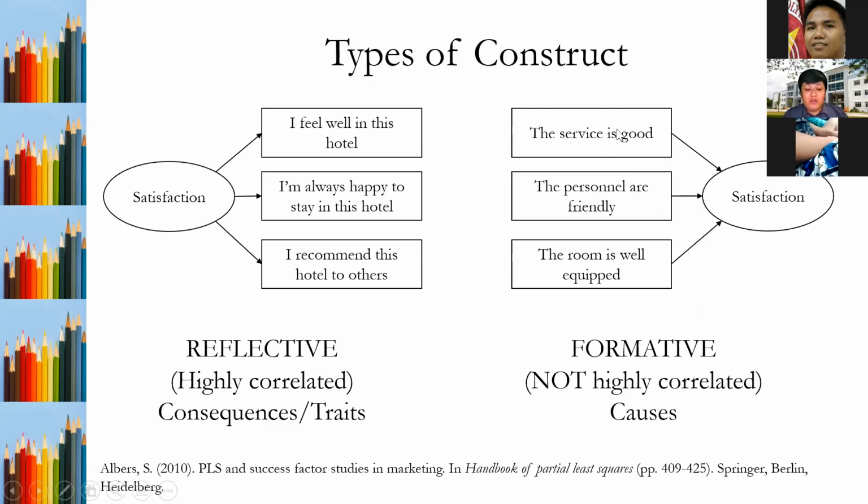For example, you will be removing the first item. It is all about service. If you will be removing this one, then you are only measuring satisfaction in terms of personnel and satisfaction in terms of room, but not about service. Okay, so that's the difference between a reflective and a formative construct.